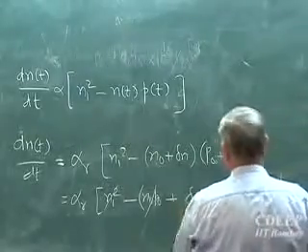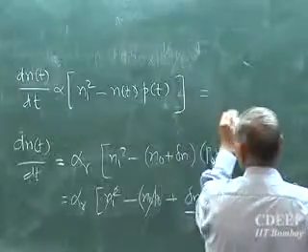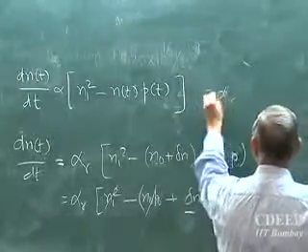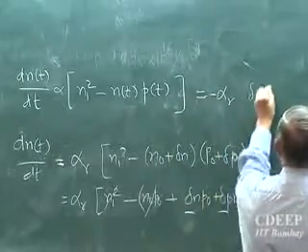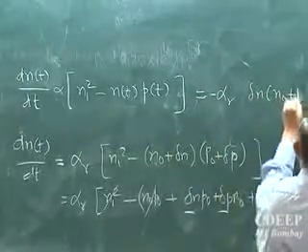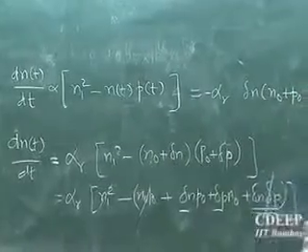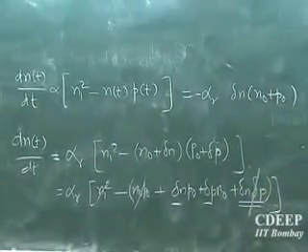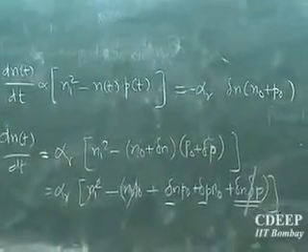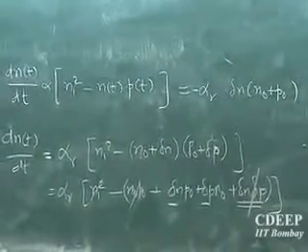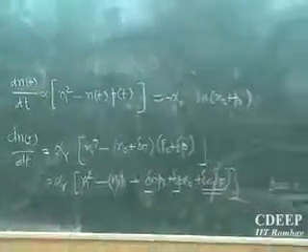If delta n equals delta p, then it is minus alpha r delta n times (n0 plus p0). Is that okay? Delta n is the same as delta p, so delta n into n0 plus p0, and the minus sign is taken out.